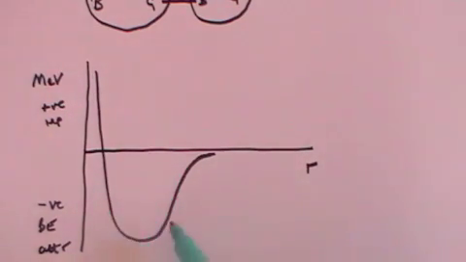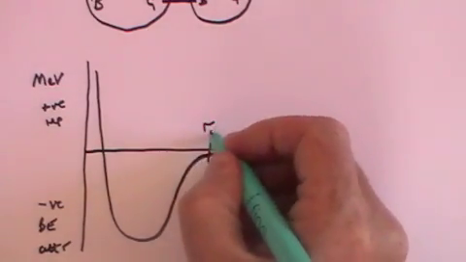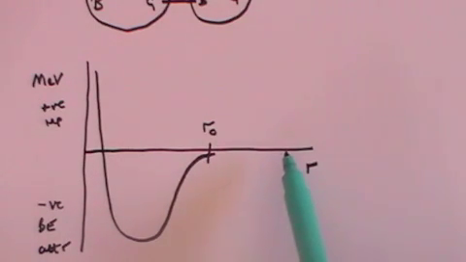But over the greater part of this bit here, you've got an attractive force. This is the force that's holding the nucleons together. But when you get out to a certain radius, R0, the nuclear force has pretty much fallen to zero. So beyond that, two nucleons do not experience a nuclear force.